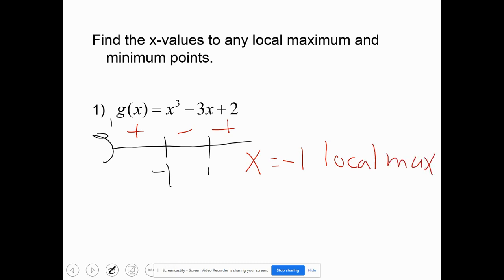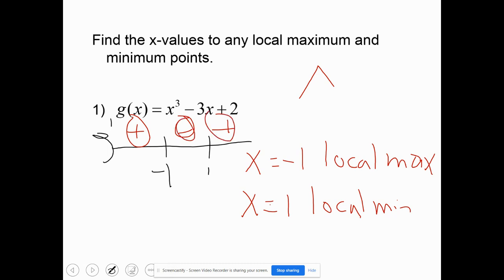It's the highest point in that area. Right? We know that from the graph, but we also saw that the slopes went from uphill to downhill. Right? Uphill to downhill would be that max. At x is equal to 1, we see we have a local minimum value because, again, the slope went from negative to positive, negative to positive.